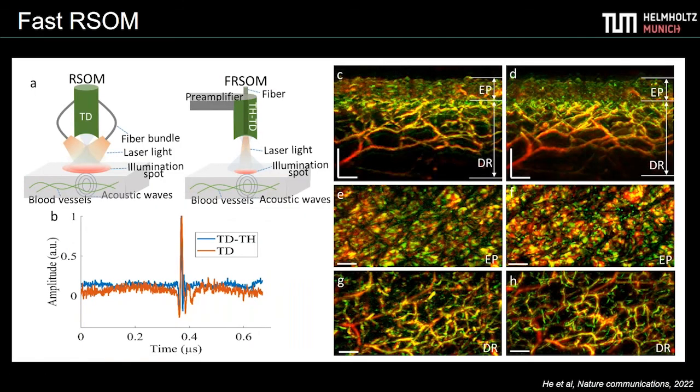Here we did a comparison between the conventional first generation RSOM and this fast RSOM configuration. As I mentioned, with the two fiber bundles we have a larger illumination spot, and with this single coaxial illumination we have a much smaller spot. For this transducer, we also made an improvement by directly attaching a preamplifier.